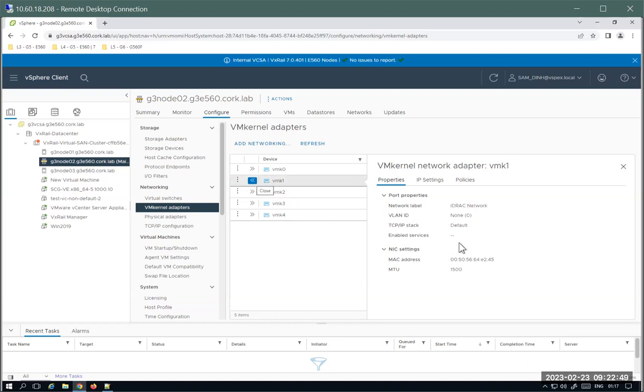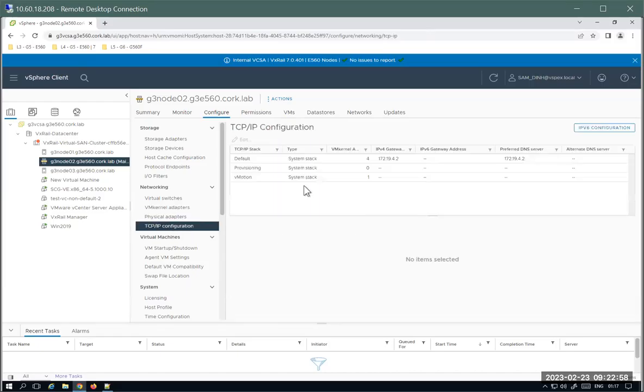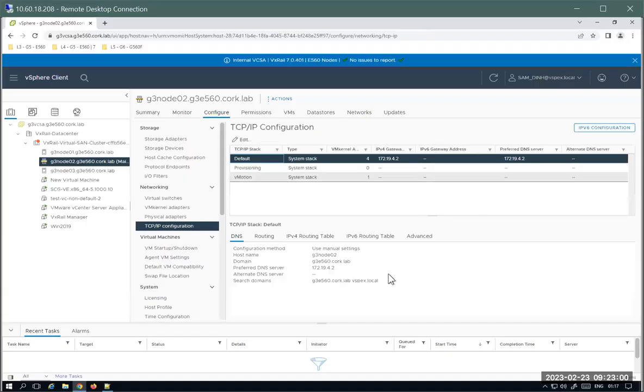If you check here, that means they have the same DNS or gateway settings, or domain, the same routing table.